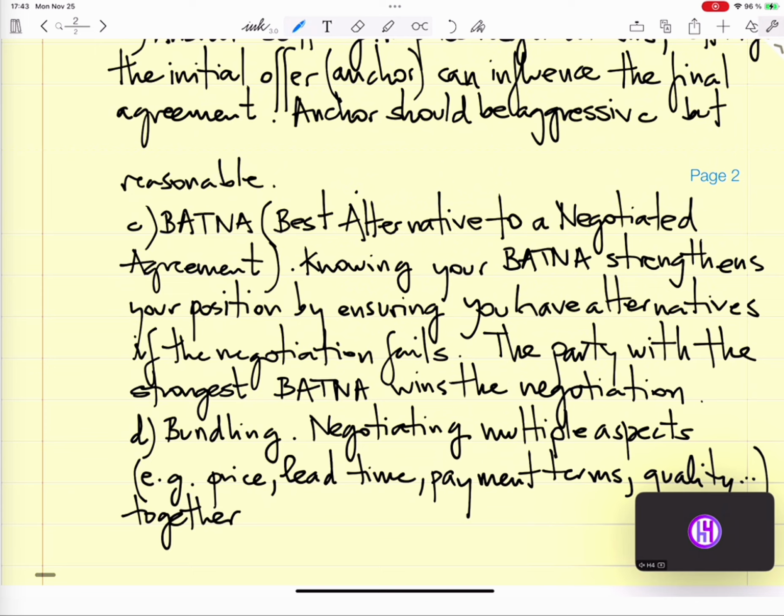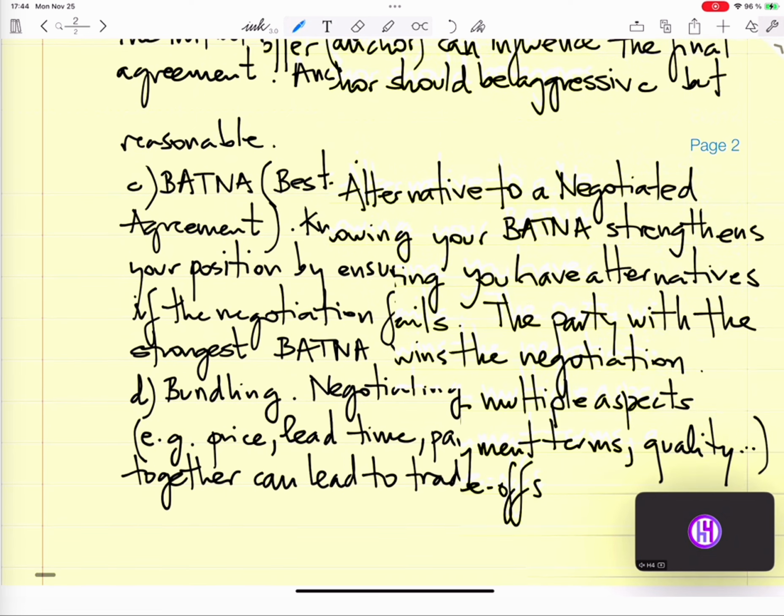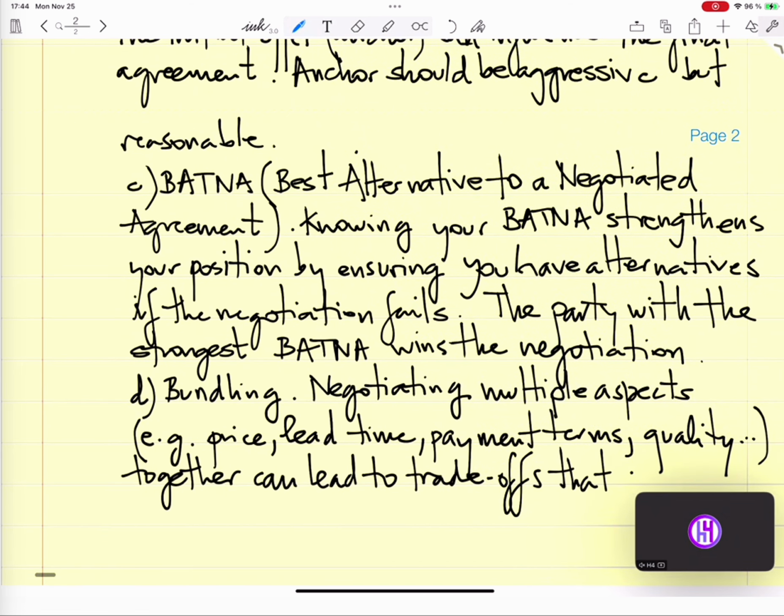This can lead to trade-offs that satisfy both parties.